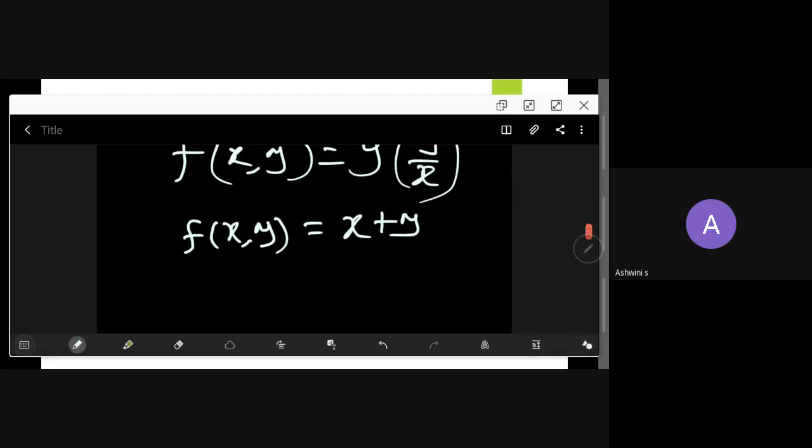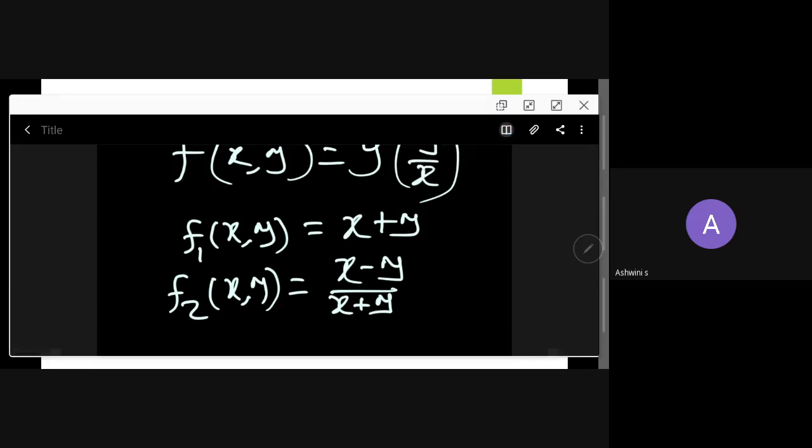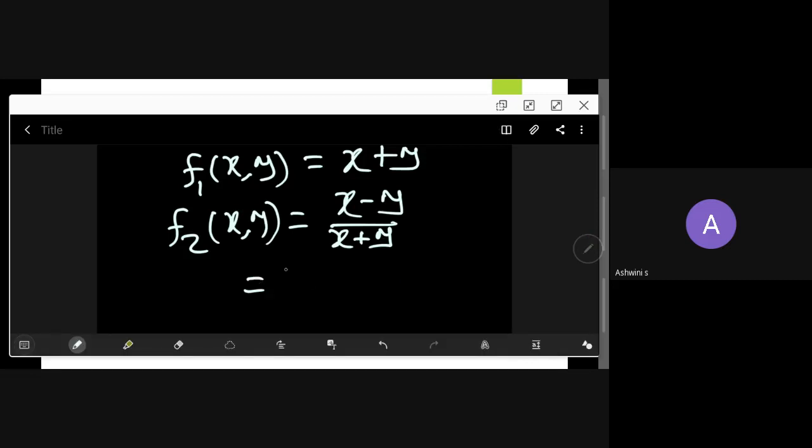if you take another example, say this is f1. I am giving another function here. Say it is x minus y by x plus y. This can be viewed as a function of y by x. How can we view this one? You just take the common term x.